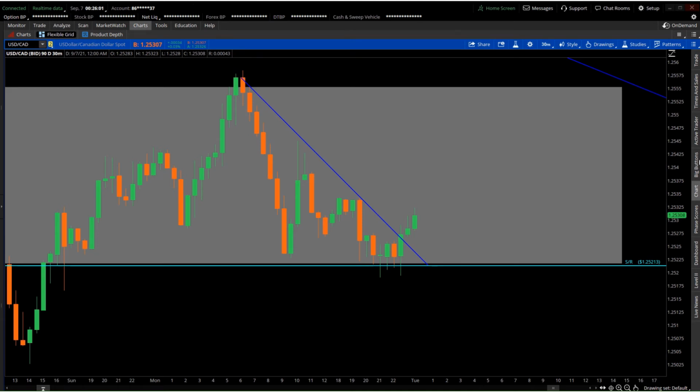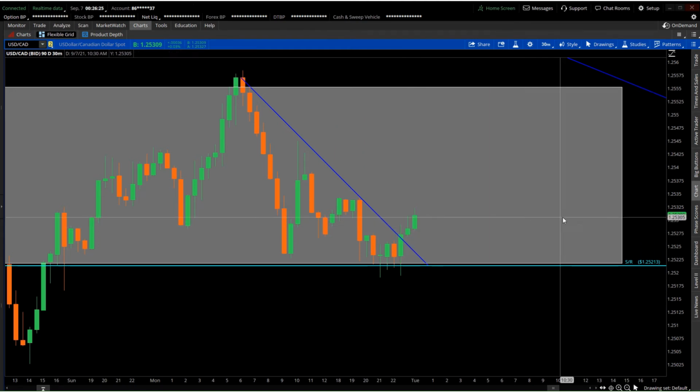So it's been a few hours. It's almost 12:30 on September 7th. Trading did commence, and again, 30-minute chart. Earlier I had drawn this wedge pattern, and price is starting to break through.